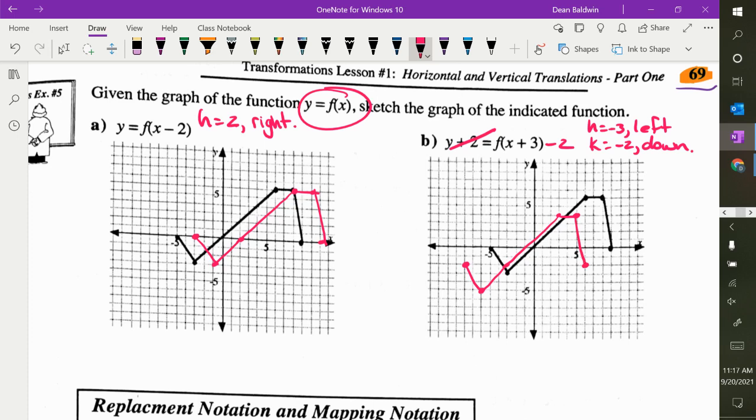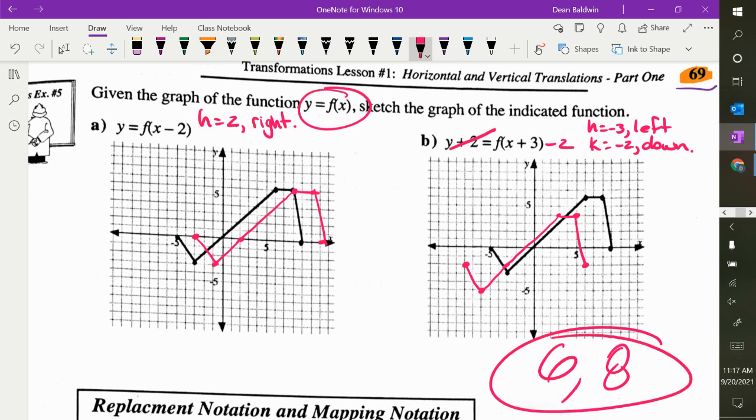There's your graph. That's all you're doing. All right? They give you a graph, you just figure out your H and K and sketch the new graph. We okay with that? Yeah.